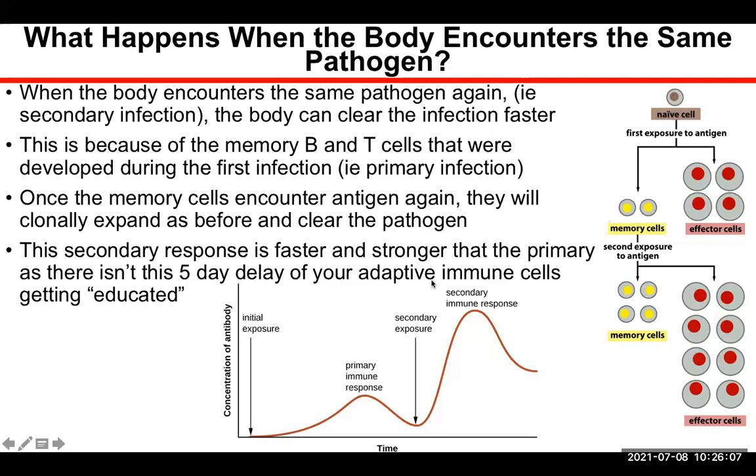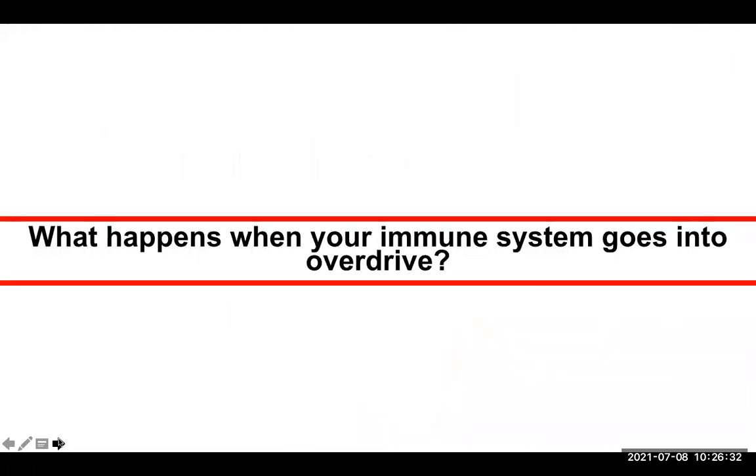And so when we experience a secondary infection, or in this case, if we got vaccinated and never been infected, it'll be a primary infection. But because we have these memory cells already present, this secondary response can occur because you already have those memory cells generated. And I'll re-emphasize this next week when we're talking about vaccines and how this is connected to the adaptive immune system. But this is just a preface to that.